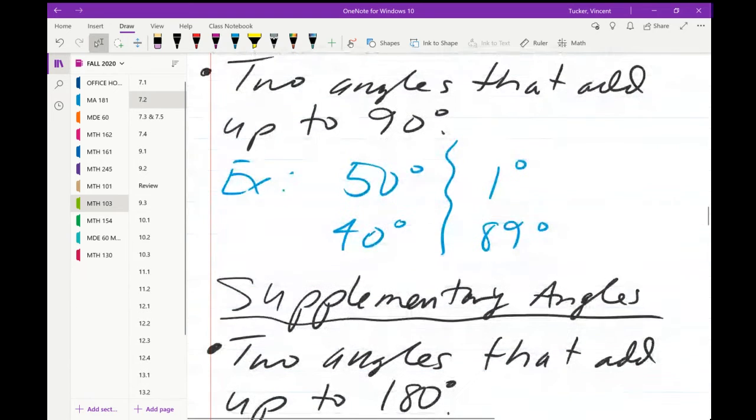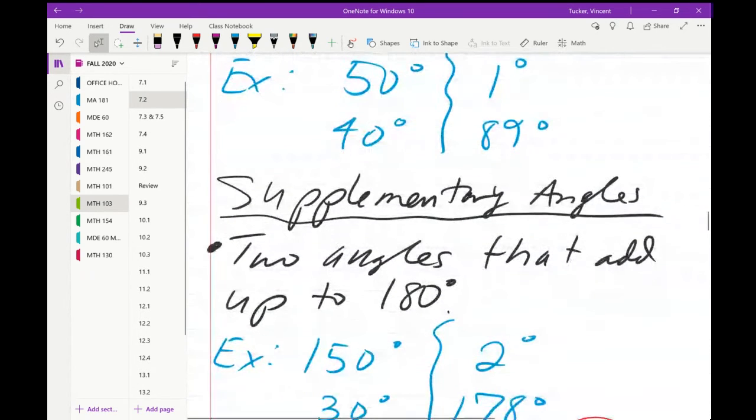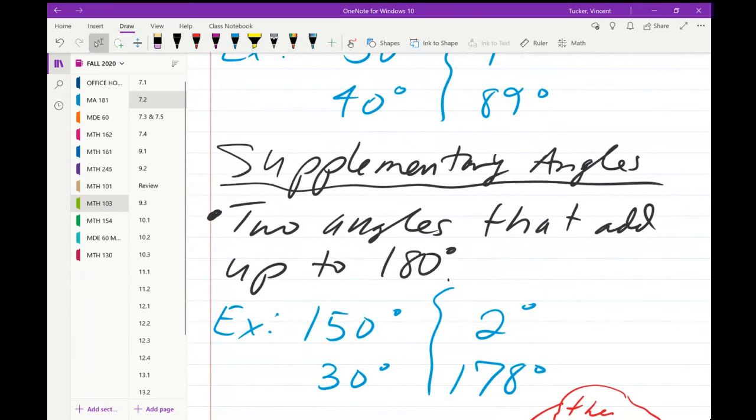Supplementary angles are two angles that add up to give us 180 degrees. So 150 and 30 would be supplementary. 178 and 2 would also be supplementary angles.